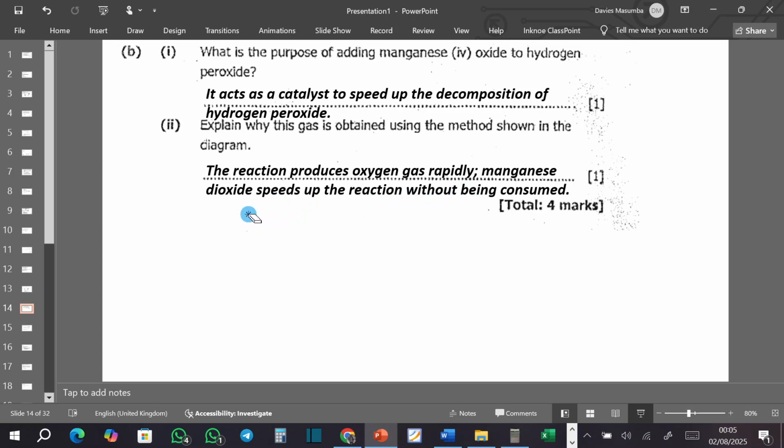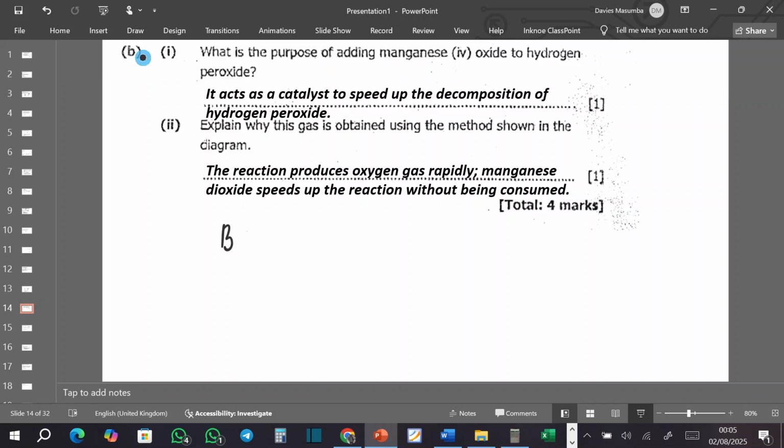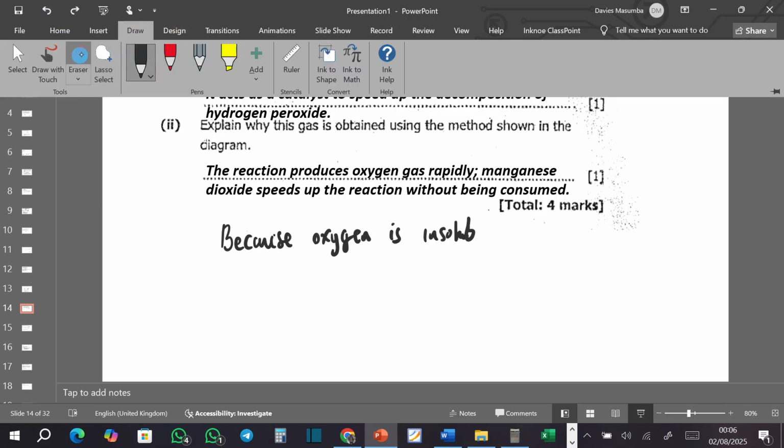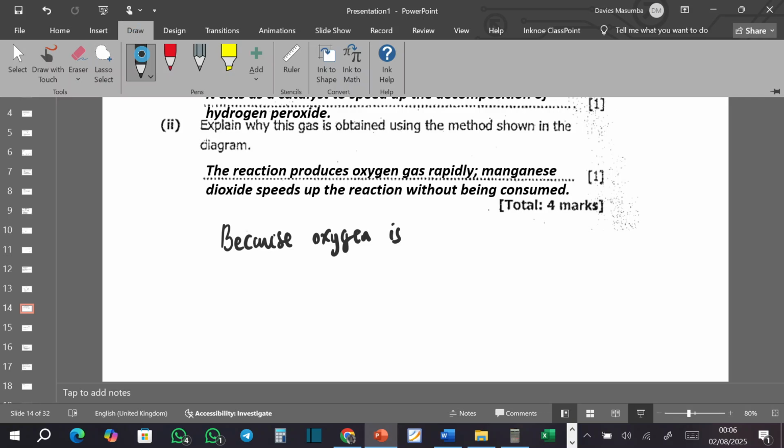No. So I think the answer here was wrong. So you can say, because there are two answers here, you can say one, because oxygen is slightly insoluble in water, not very soluble.